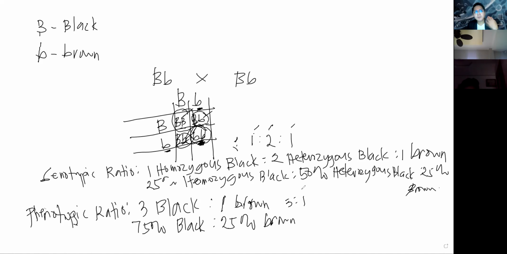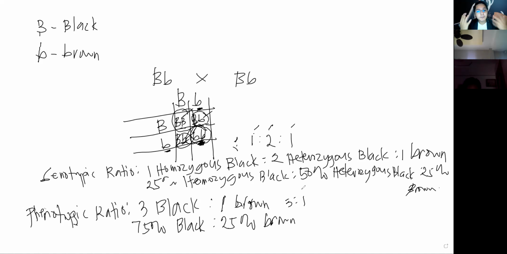Again, when you say phenotypic ratio, do not be confused with the terminologies. Associate things over. When you say genome or genotype, you always get the root word genome. Genome means genes, so these are the genetic characteristics. You need to identify if it is homozygous or heterozygous. That's in the genome.